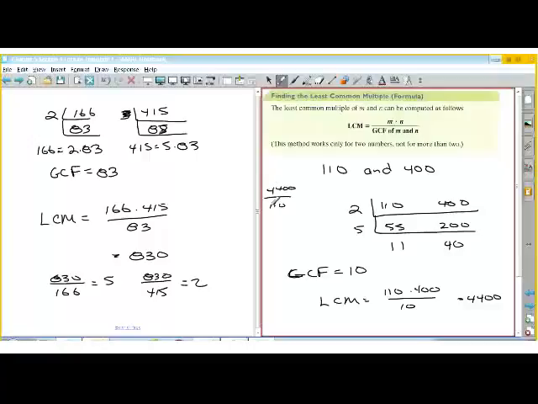And again, you can check that by taking 4,400 and dividing by 110, and you'll get 40. So that's the 40th multiple.